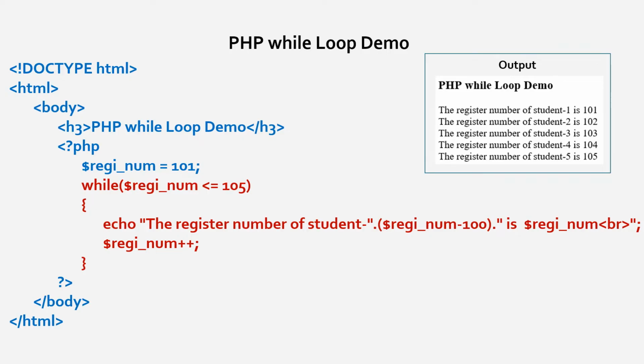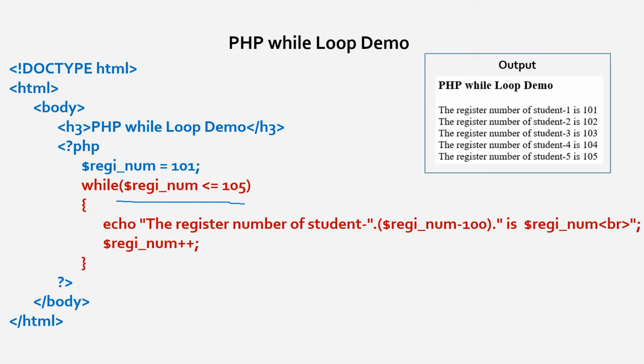The same task is demonstrated here. Here the counter is initialized first. The condition is register number less than or equal to 105. While that condition is true, the number will be displayed.